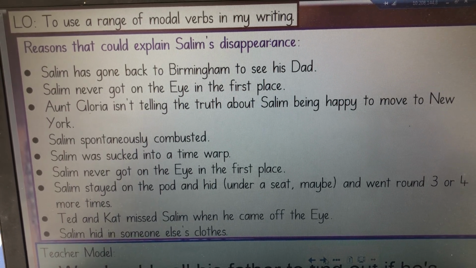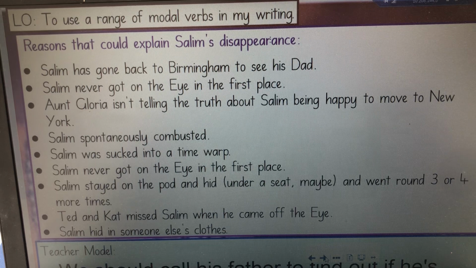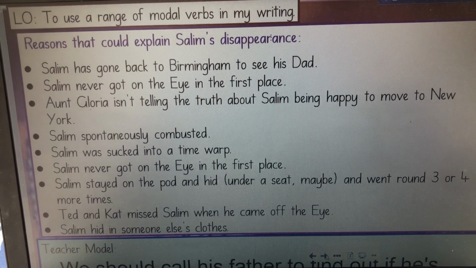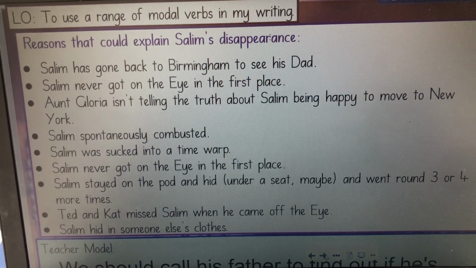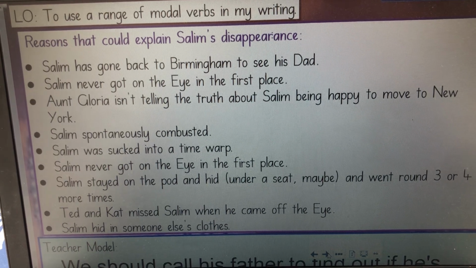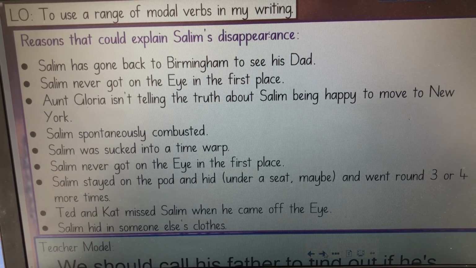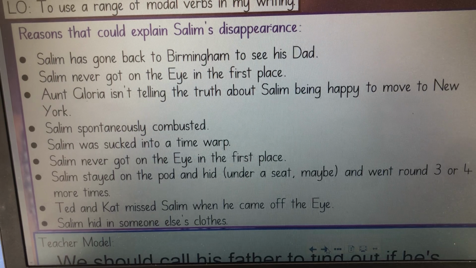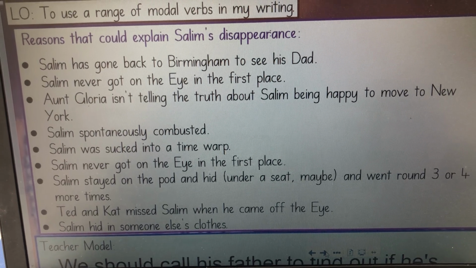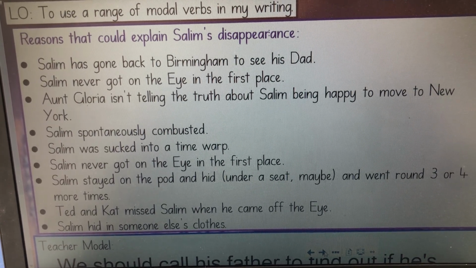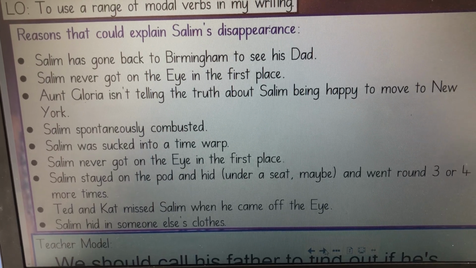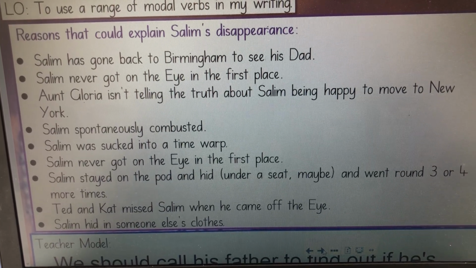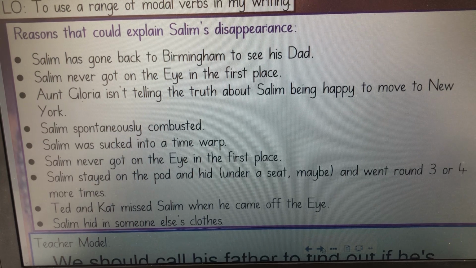Another one, Salim never got on the Eye in the first place. Perhaps Aunt Gloria isn't telling the truth about Salim being happy to move to New York. Perhaps he doesn't really want to go. Another one, Salim spontaneously combusted. How likely is that? Another theory was that Salim was sucked into a time warp.